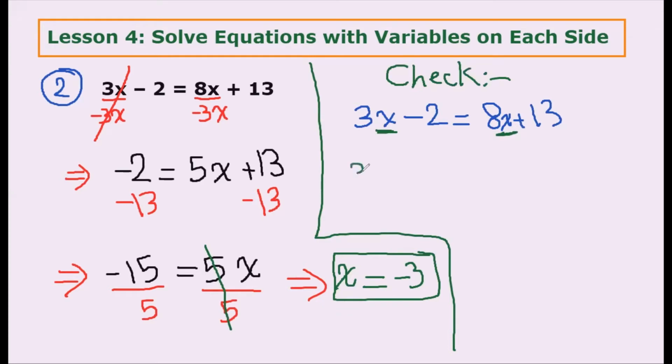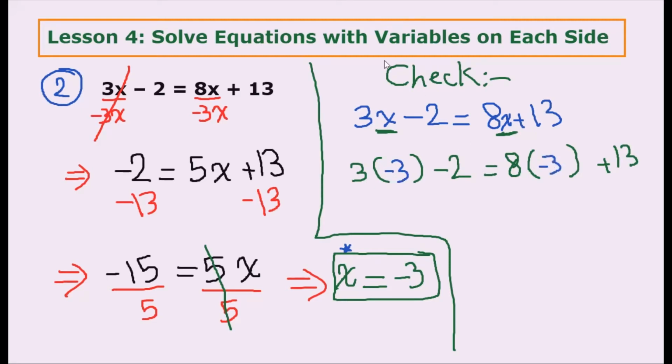So we write 3 times parentheses minus 2 equals 8 times parentheses plus 13. And what should we substitute between these parentheses? The value of x that we found here. x is equal to negative 3. So we put negative 3 here and negative 3 here.